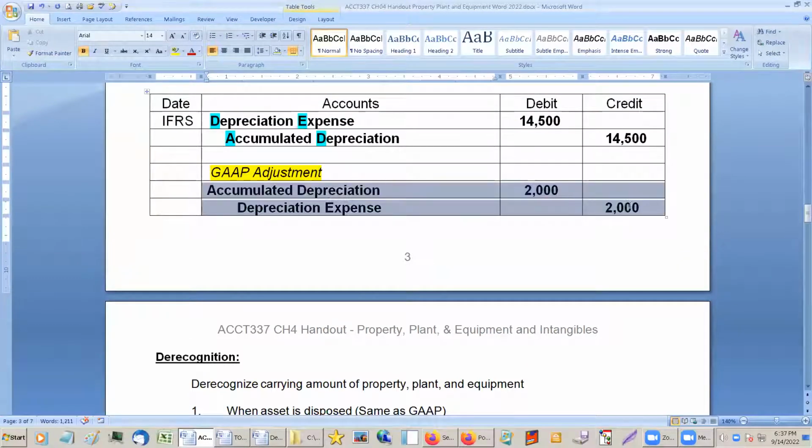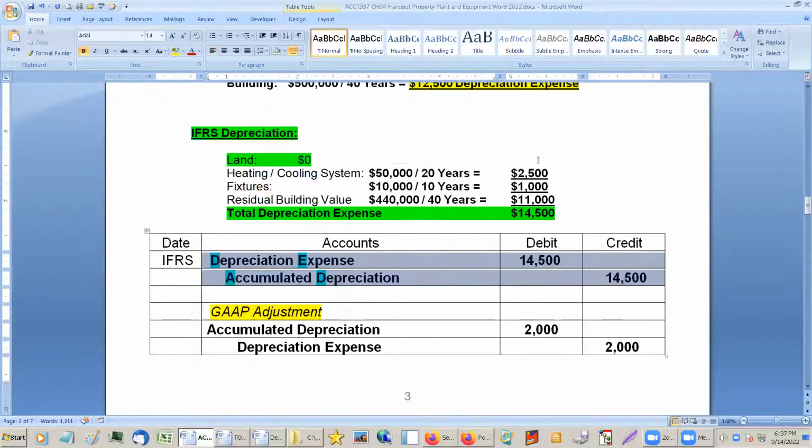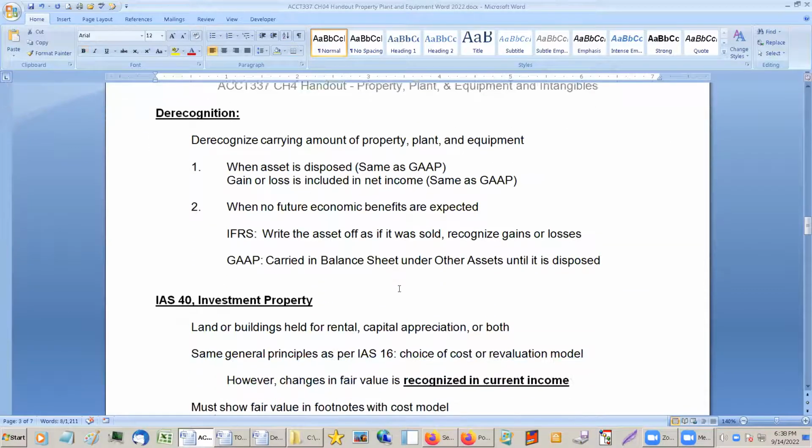Whatever journal entry they made, you reverse that out completely and then put in the US standard, rather than trying to figure out what the adjusting entry would be. Just reverse that out completely and put in 12,000. You work out the same.